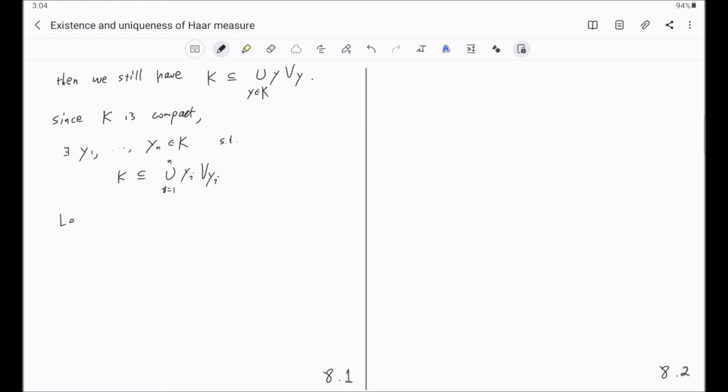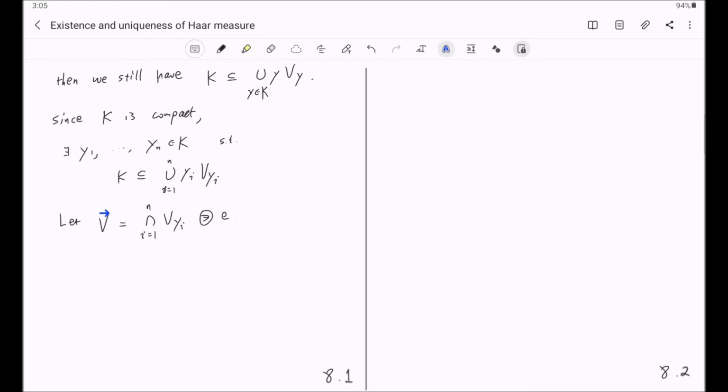Now let V denote the intersection of those finitely many open subsets without this yi translation. We're just taking the intersection of those V sub yi's. They are all open neighborhoods of the identity element e. So this is again an open neighborhood of e.